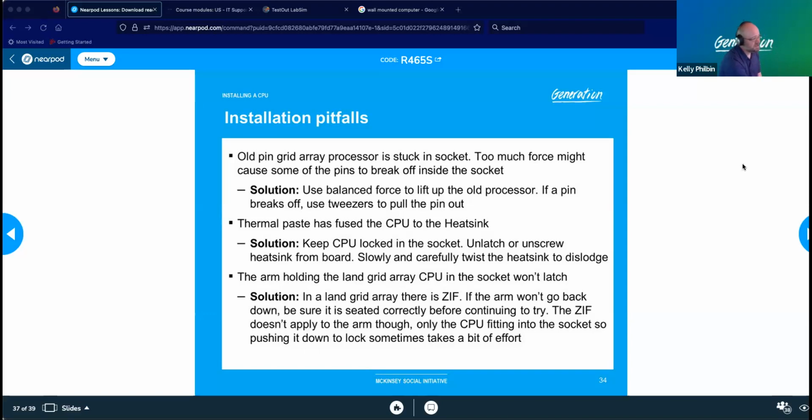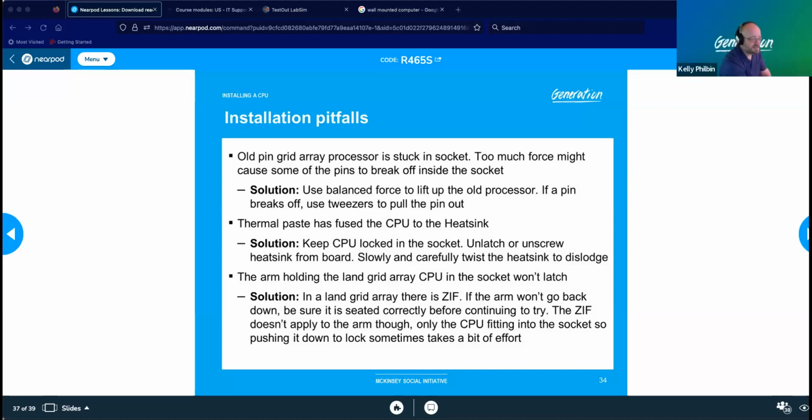The other issue is thermal paste has fused the CPU to the heatsink. The solution to this, they say, is keep the CPU locked in the socket, unscrew the heatsink board, and slowly and carefully twist the heatsink to dislodge. Does anybody remember the other method we talked about last week? Something you might want to keep in your bag? Floss, right?